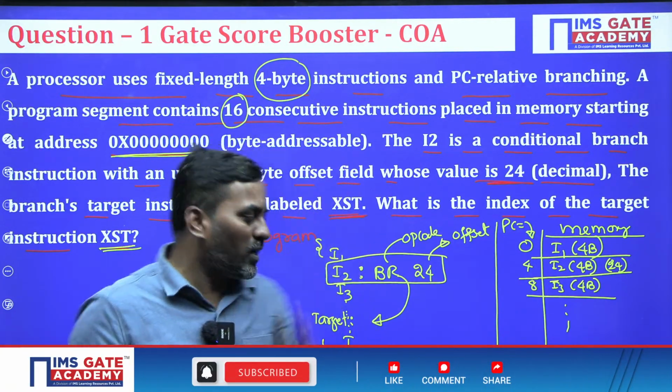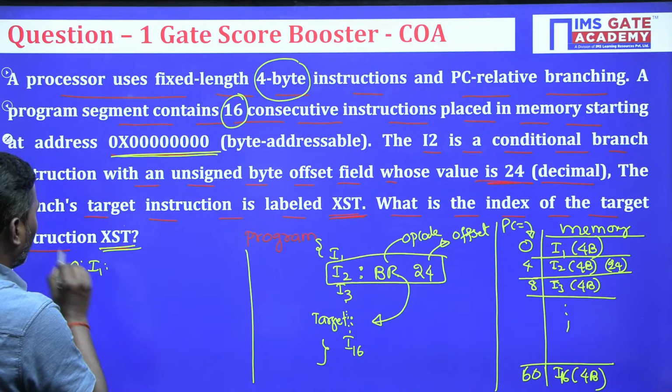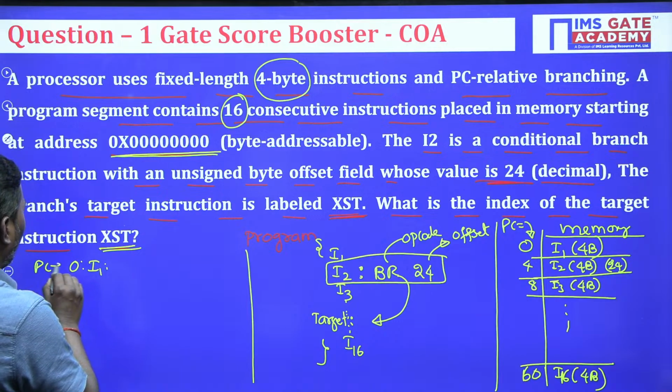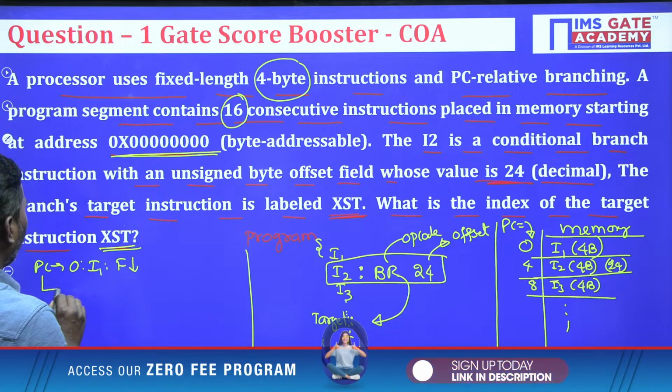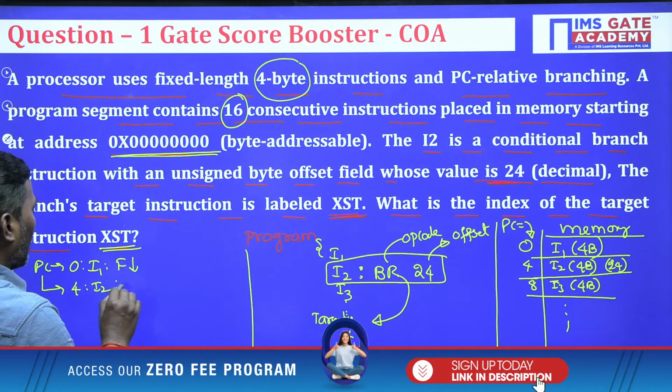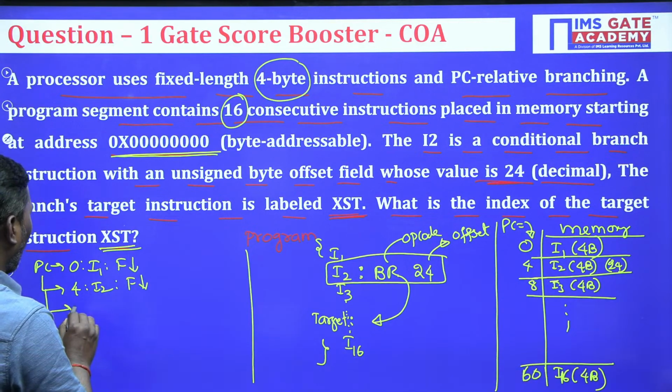Once instruction 1 fetching is over, automatically PC is pointing to the next instruction, that is I2. Correct or not? Again, when I2 instruction fetching is over, PC gets incremented pointing to what?